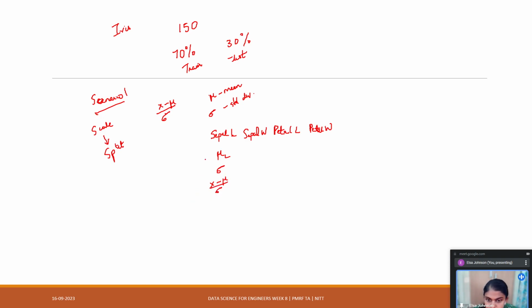So here, if I am doing the scaling first, the number of observations will be 150, and the mean will be calculated as the sum of the observations divided by 150. This happens across all the columns.